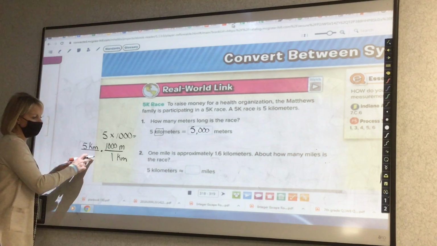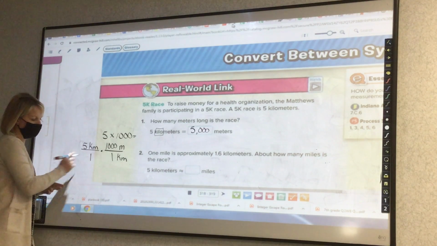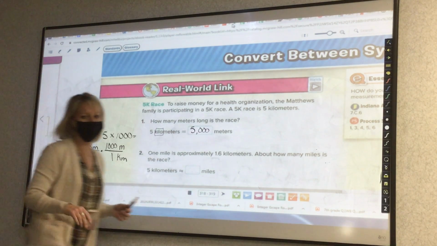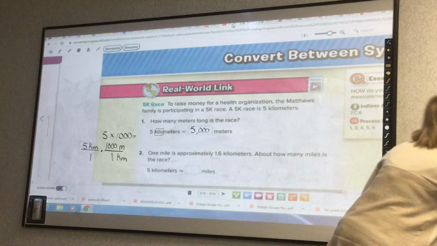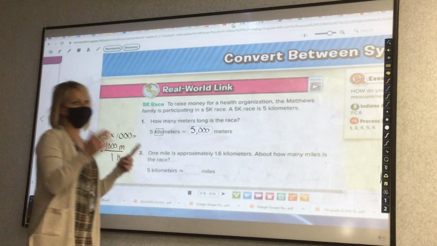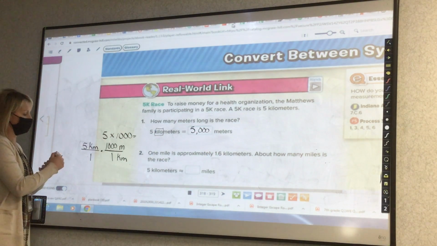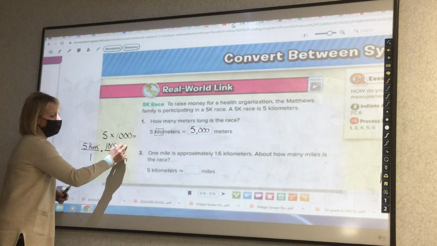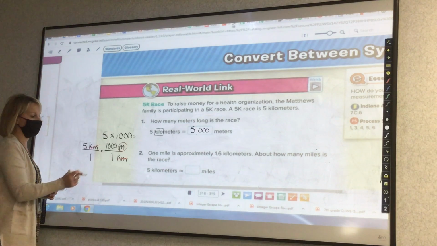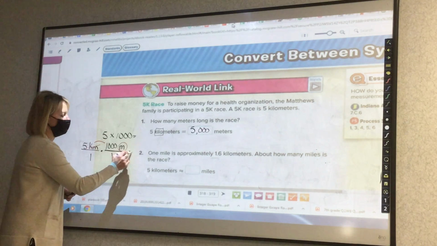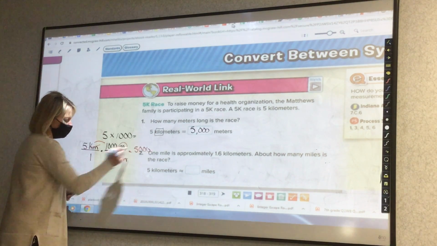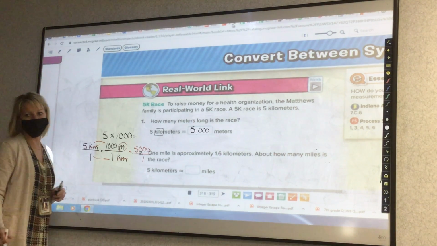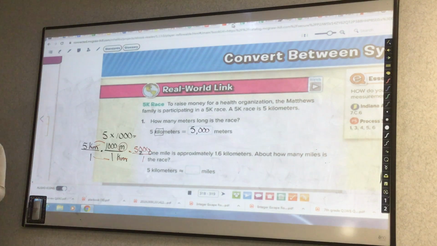This is just over nothing, or you can just say it's over 1. So what's happening is, and this is how we did the cross cancellation, I'm canceling out my kilometers. So I'm left with meters, and you just do the fraction. 5 times 1,000 is 5,000. 1 times 1 is 1, and 5,000 divided by 1 is still just 5,000.